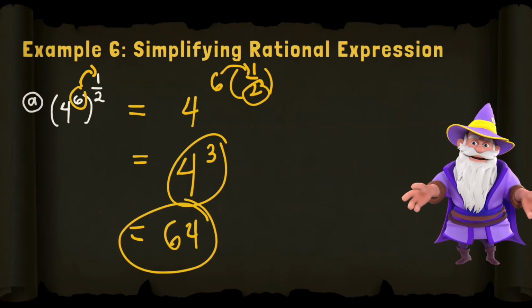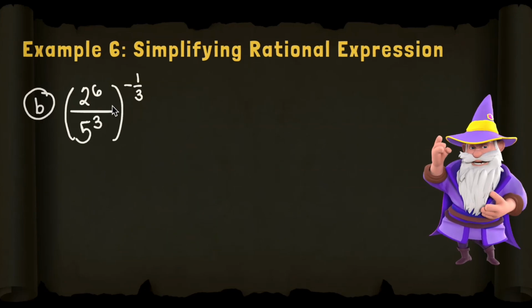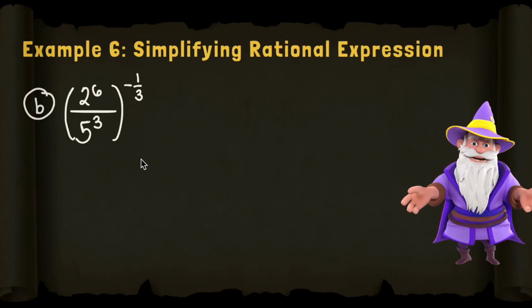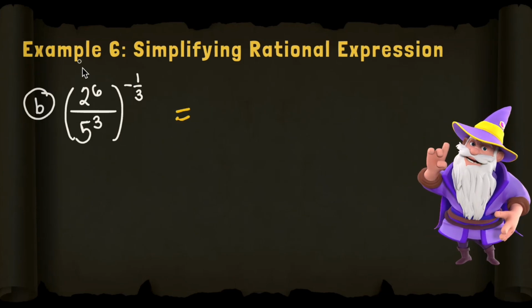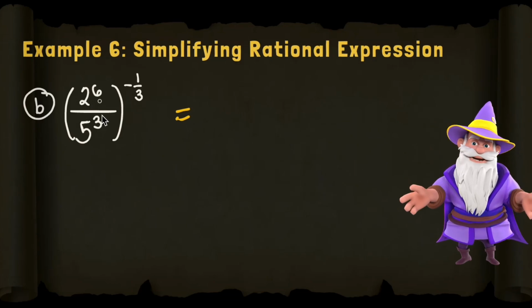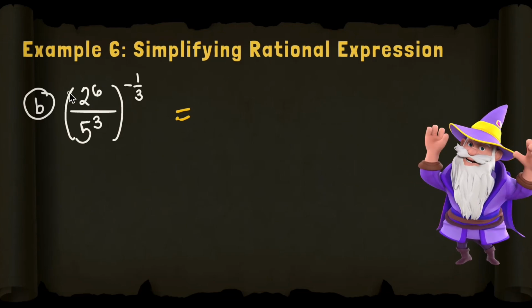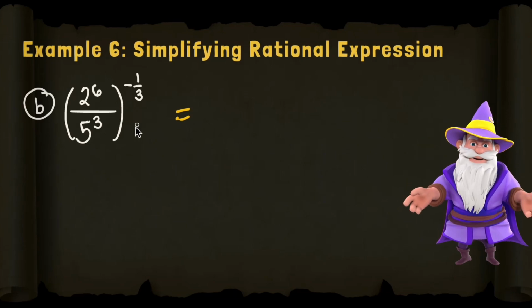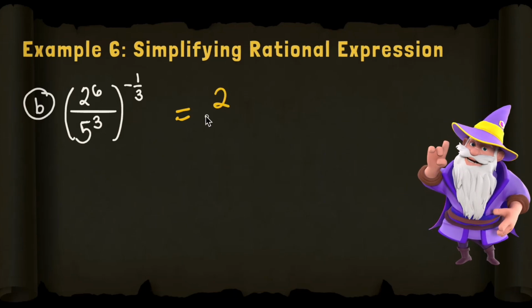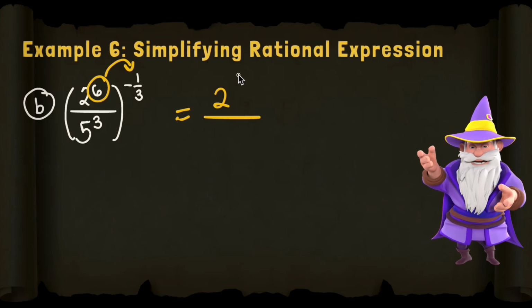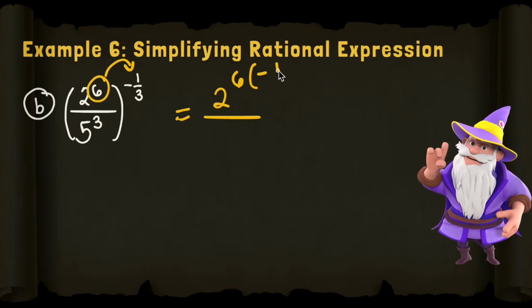Okay, next. Letter B, 2 raised to 6 over 5 raised to 3 raised to negative 1/3. We can apply the second power rule for exponents. Dahil ito ay may parang quotient siya, ang gagawin natin dito ay, pwede naman natin ito yung reciprocal, pero pwede rin ganito. Copy the base first, the 2. 6 times 1/3, or negative 1/3, we can write it as this 6 times negative 1/3.